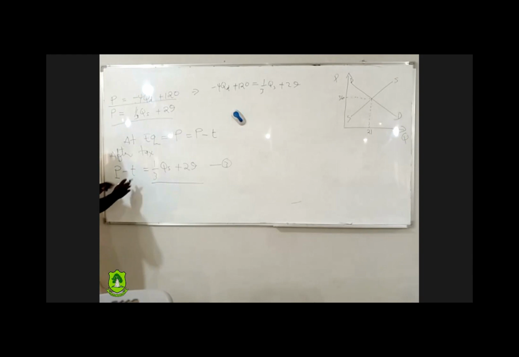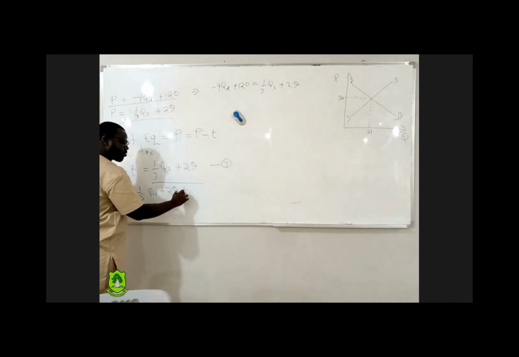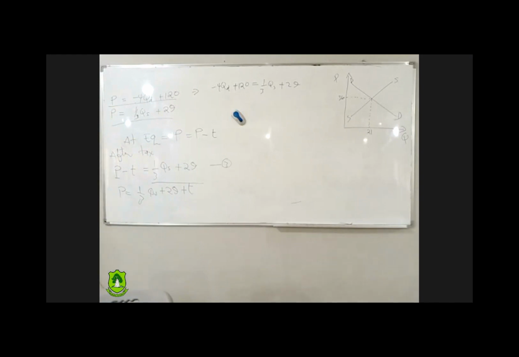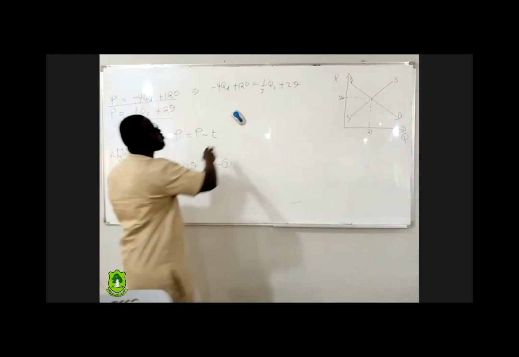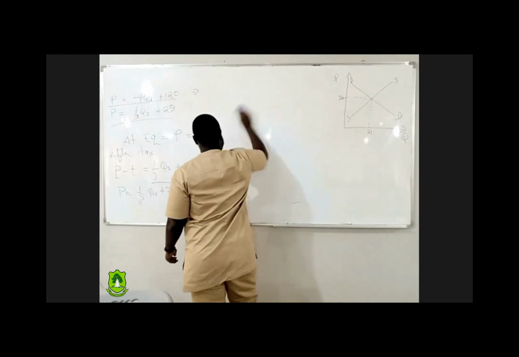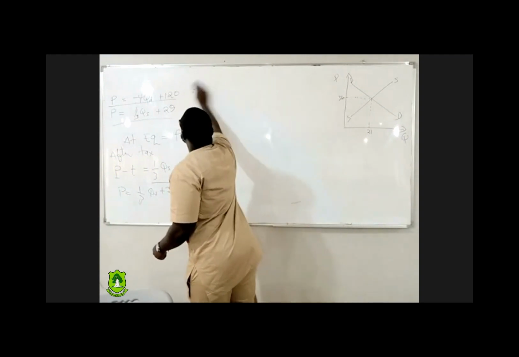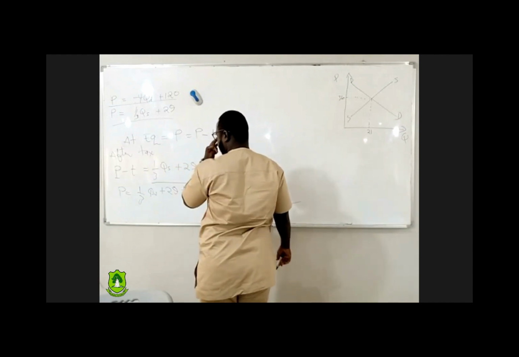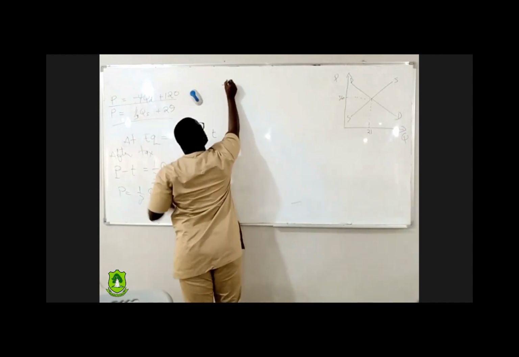Plus, excellent, plus T. So our new price will now be 1 over 3 QS plus 29, plus this one. Can we make progress? Okay. So here will now be this.